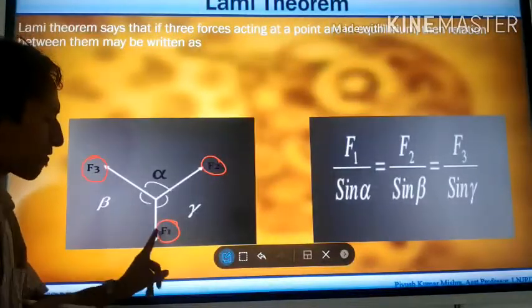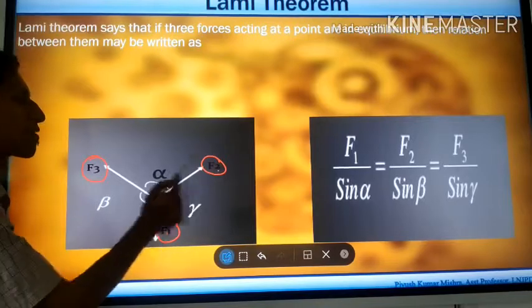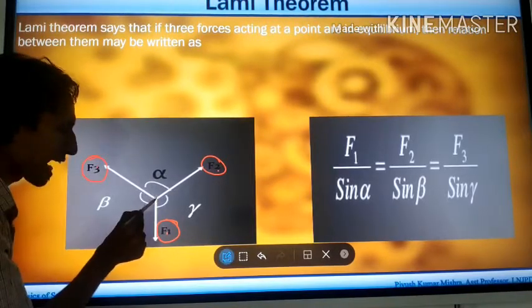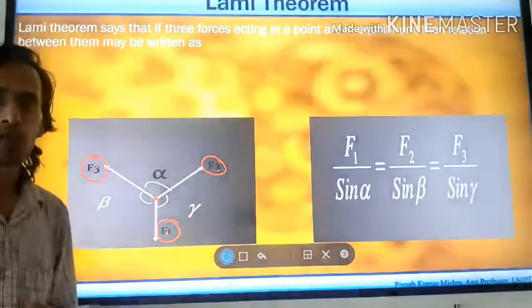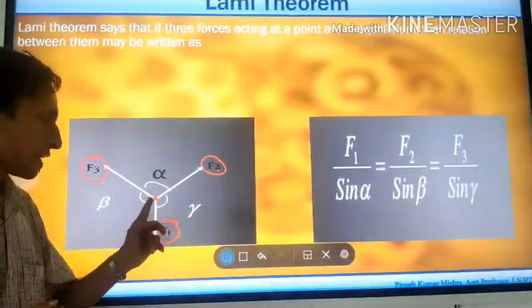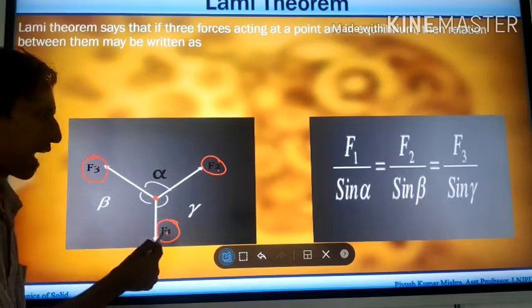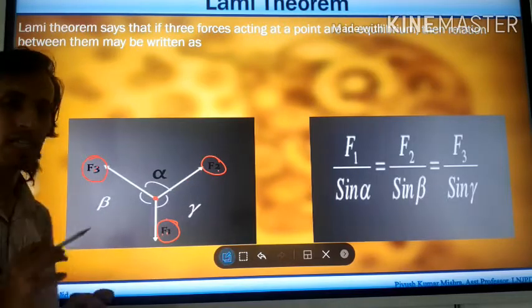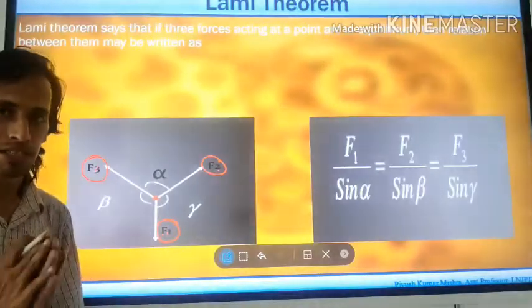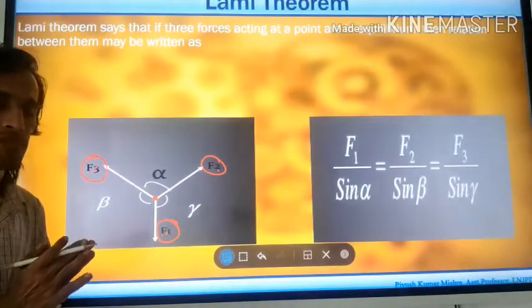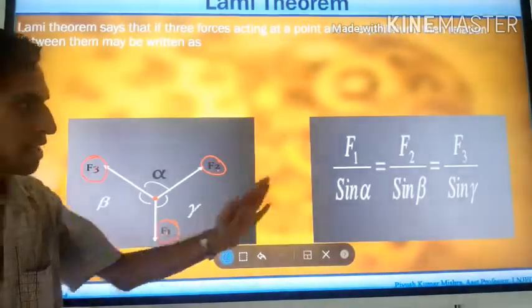It says that if three forces F1, F2, F3 are acting at one point, then the relation between F1, F2 and F3 can be established. How can it be established? It is given in the theorem.